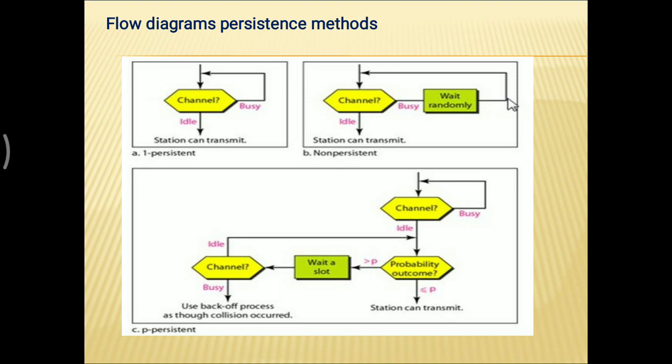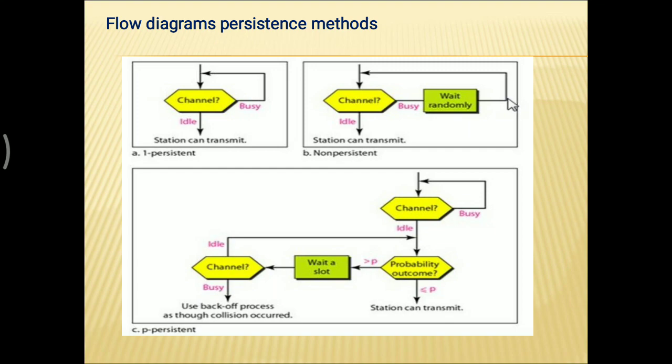If the channel is busy, we verify again; if it is busy a second time, we verify a third time. We keep checking continuously until the channel becomes idle. That is the one-persistent method.